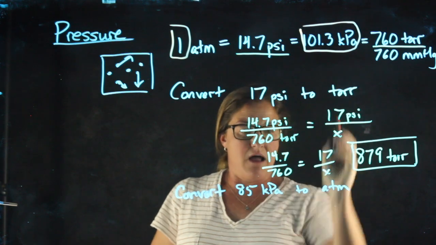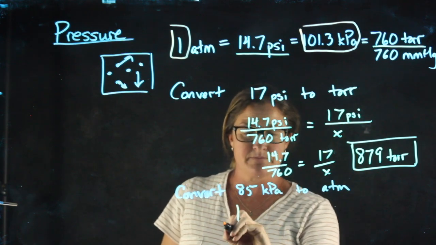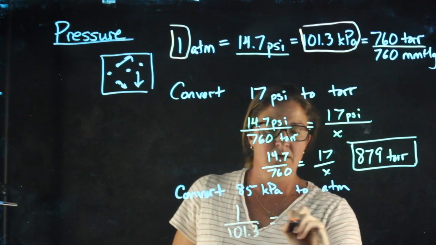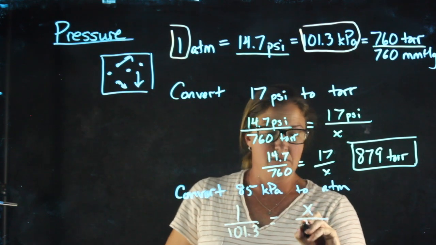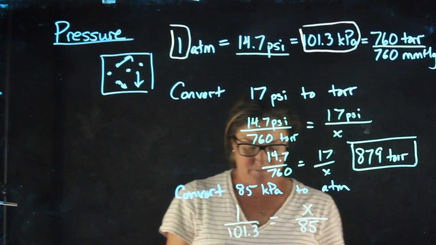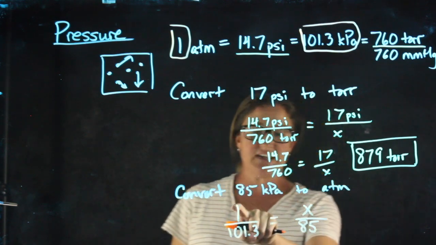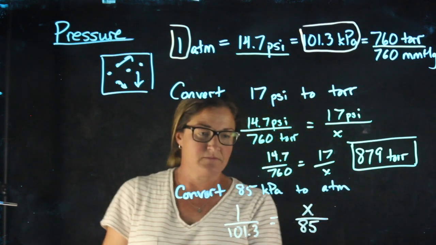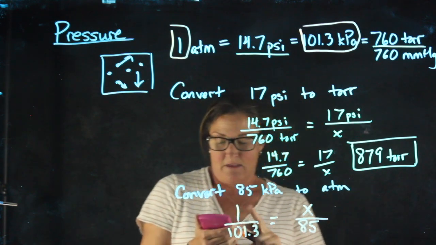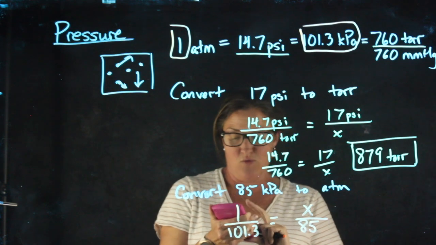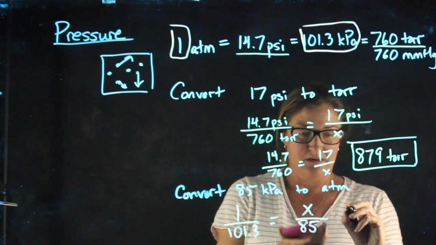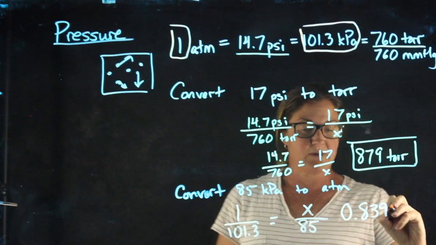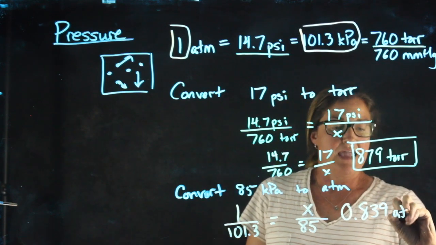So I know that 1 ATM is 101.3 kPa. So how many ATM are 85 kPa? Notice I have ATM opposite ATM and kPa opposite kPa. Or 85 divided by 101.3 gives me 0.839 ATM.